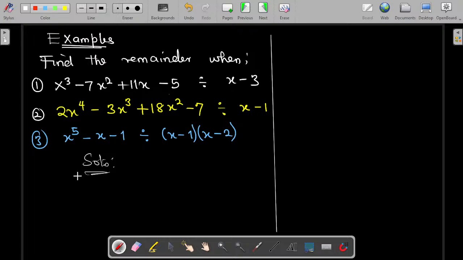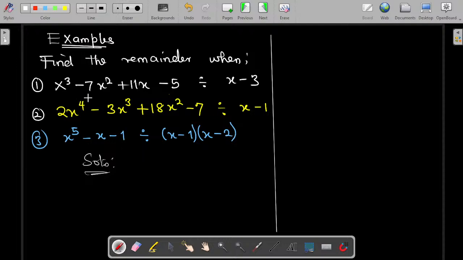In fact, in some questions, you can be asked to prove that a particular polynomial is a factor of the other. What that means is that you should just show that if you make x the subject of the formula in the divisor and substitute into the polynomial, you get 0. Let's look at this.